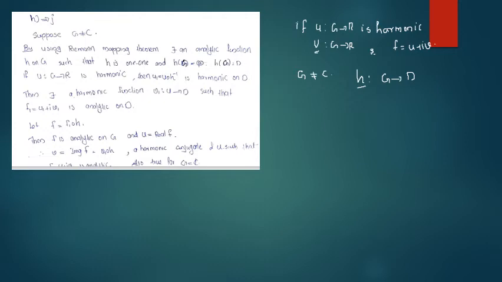Now if u from G to R is harmonic, we can define another function u1 from D to R, such that u1 equals u composition h inverse.